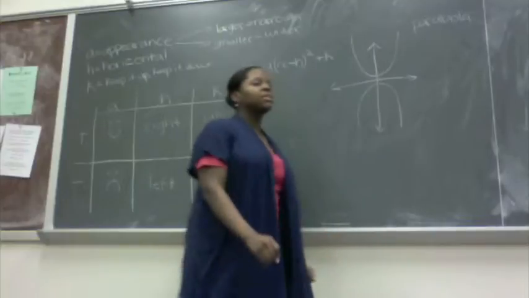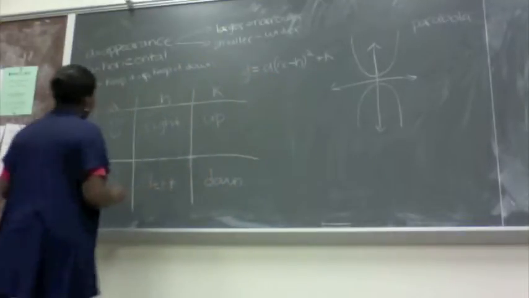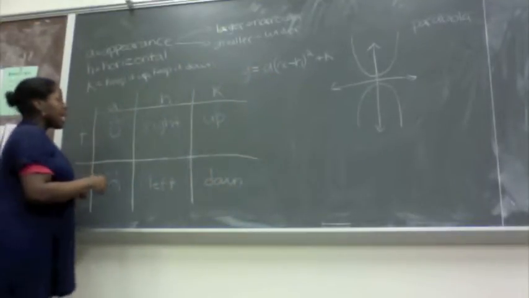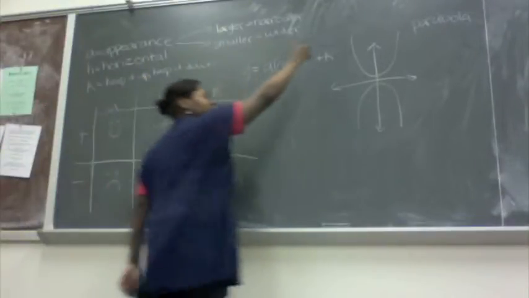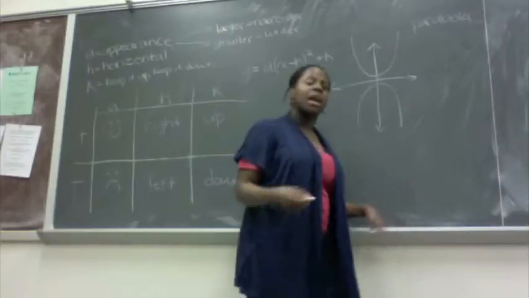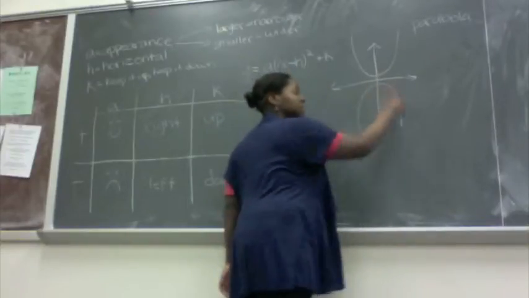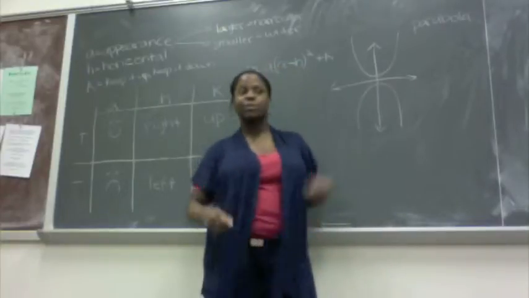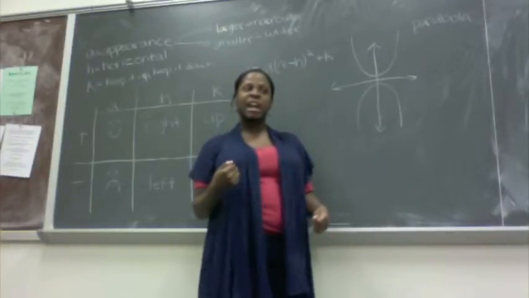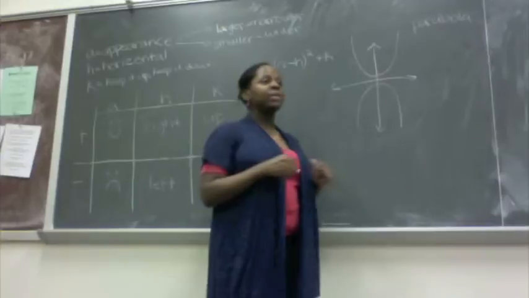All right? So a, if it's positive or negative, the positive makes it face this way, kind of like a smiley face. And if it's negative, it makes it face down, kind of like a sad face. So think positive, positive attitude, you're smiling. Negative, you're kind of down, so you're frowning. Okay?